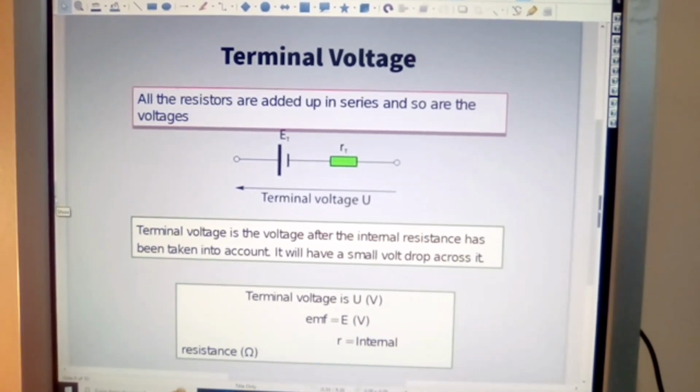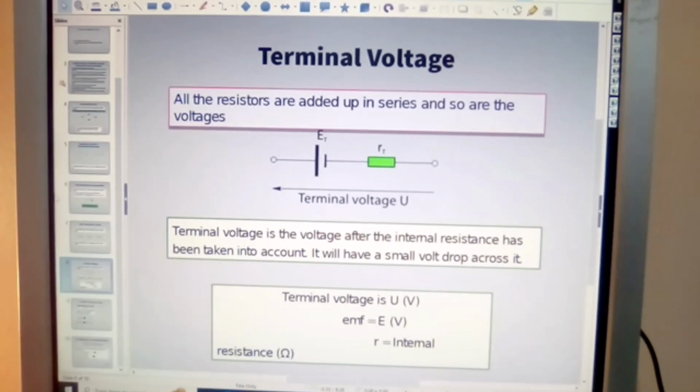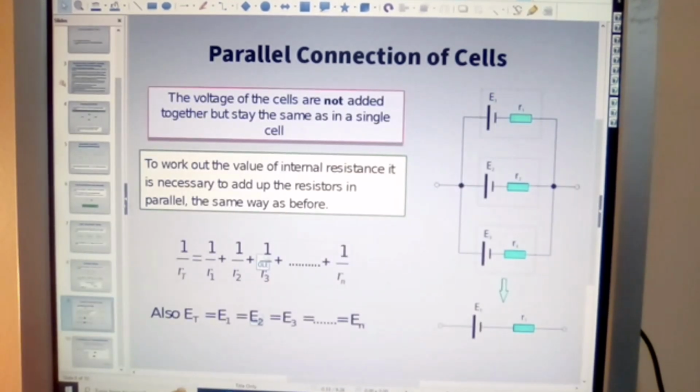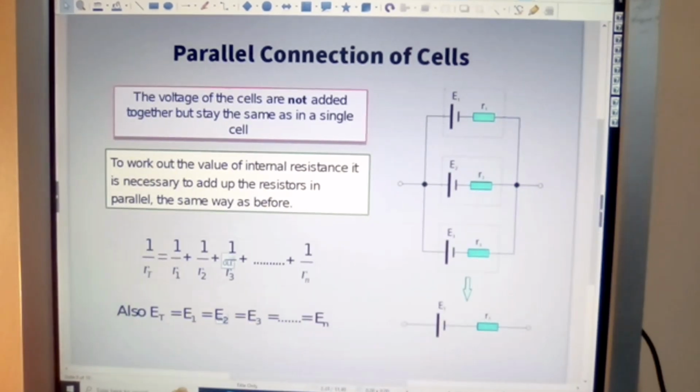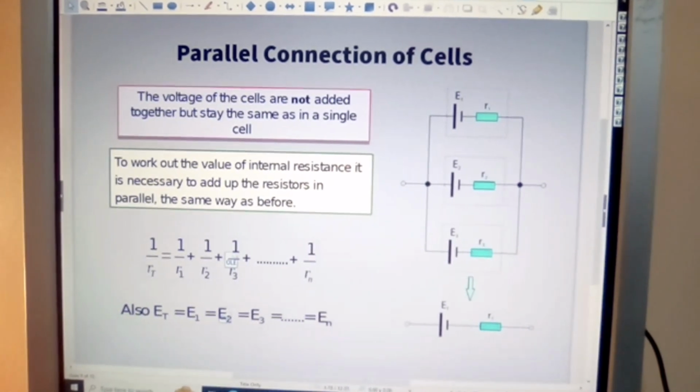Okay, just trying to make sure that it's in view, both top and bottom. Okay. Parallel connection of cells. Okay.